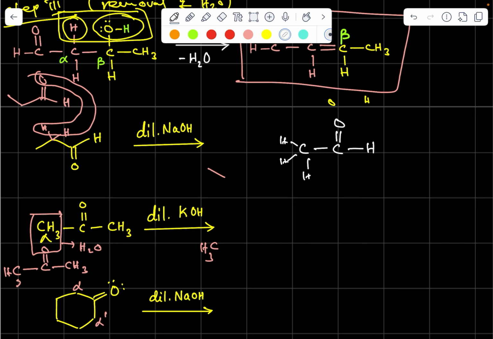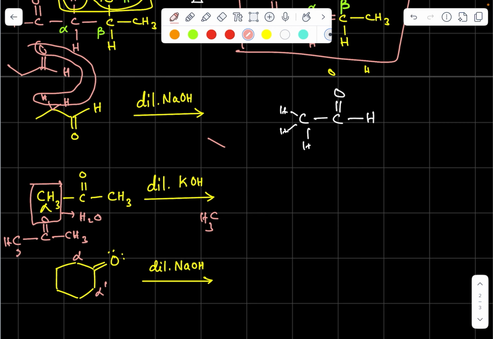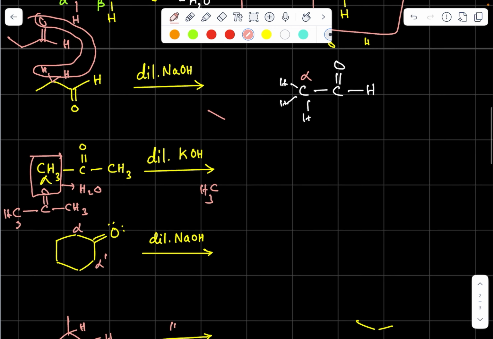This is the first equivalent of the carbonyl compound, and the second equivalent I should write at the alpha position, in parallel with respect to the alpha position of the first one. Now you just remove the water molecule alone.